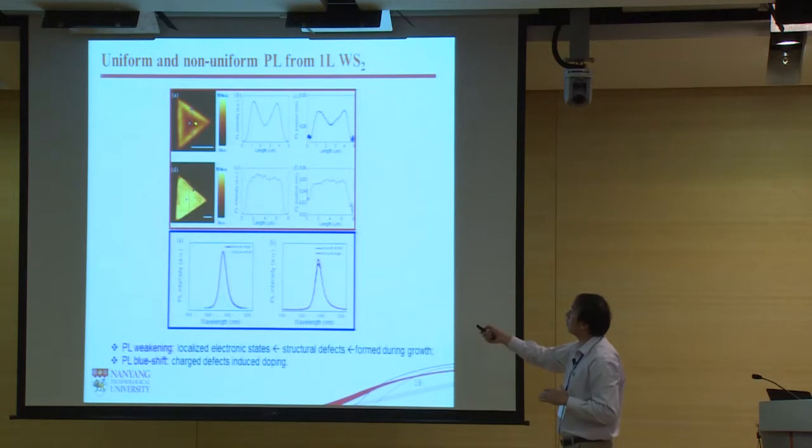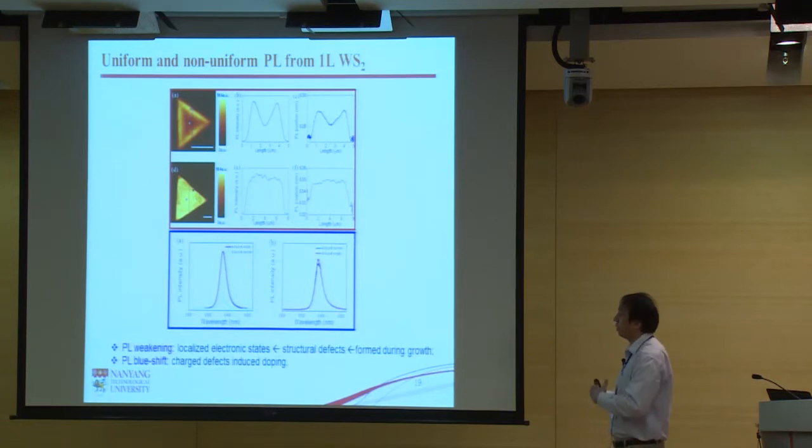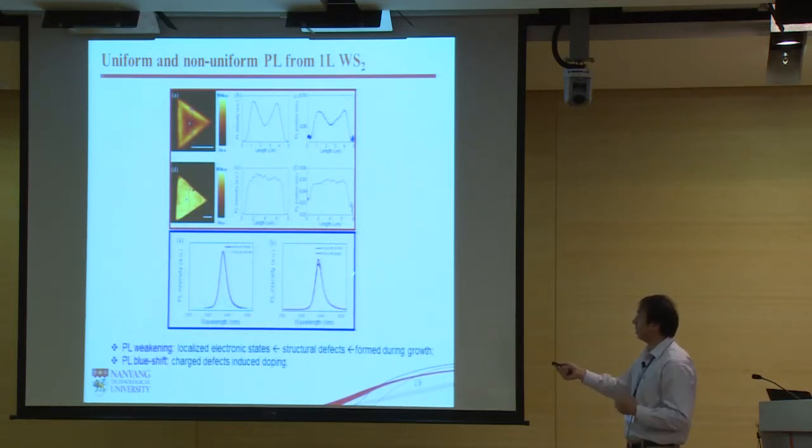We compare this, we call it group A, or non-uniform sample, together with this group B, which is a better quality and uniform sample. You can see across the entire sample, especially from the edge to center, the group A shows a variance of intensity, as I have shown in the previous slide. Whereas for the group B, or the uniform one, across the interior of the flake, you see there's not much change.